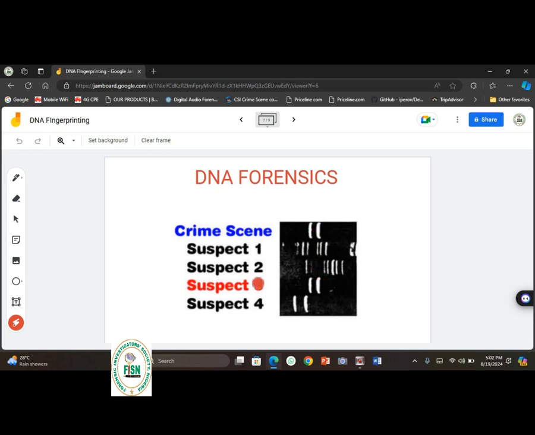So from this result, you can see that suspect 3 matches what was left in the crime scene, the evidence that you lifted from the crime scene, and shows that suspect 3 is the source of this evidence. So that is the method. So let's move ahead.